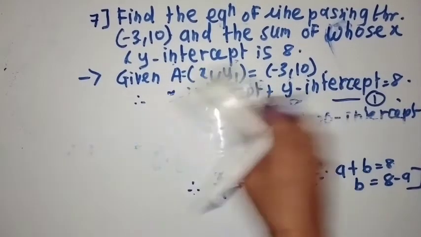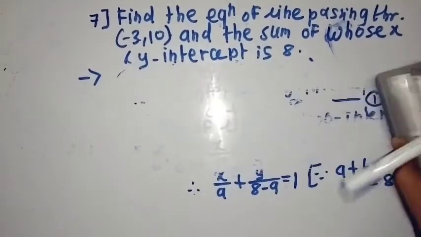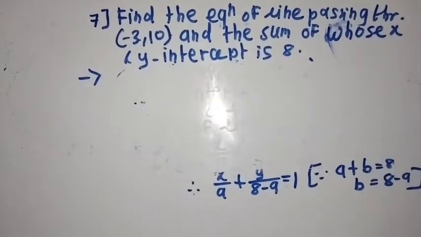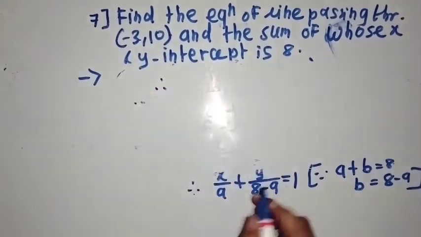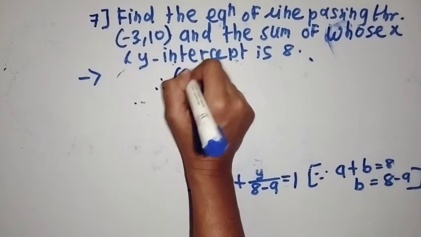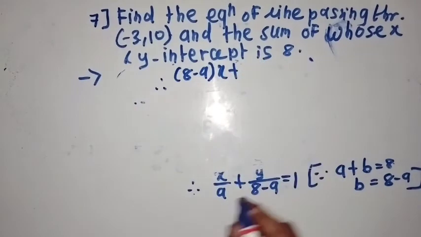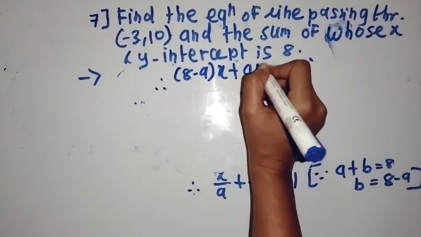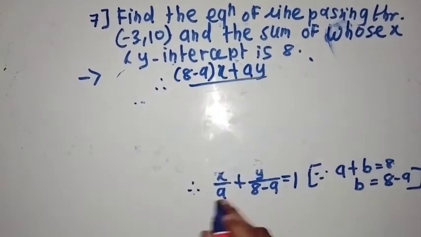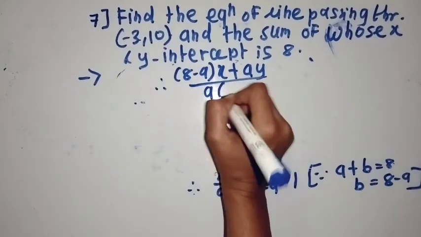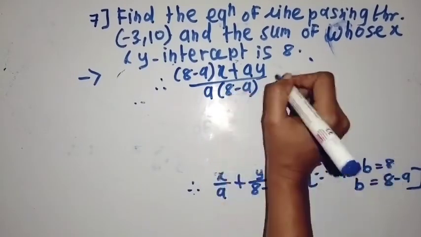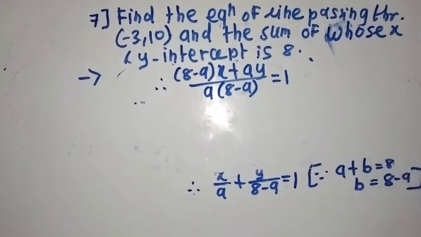Hence the next step is 8 minus a into x plus a into y upon a into 8 minus a is equal to 1.